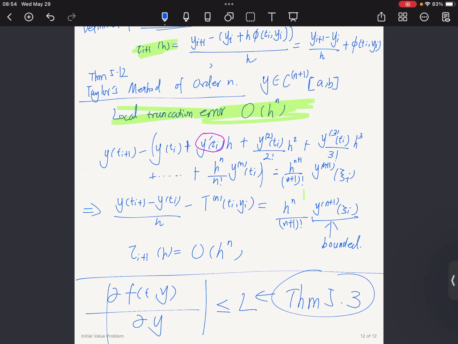So this is the one last thing I want to mention, how to calculate the Lipschitz constant. Maybe one method is to just bound the first derivative.